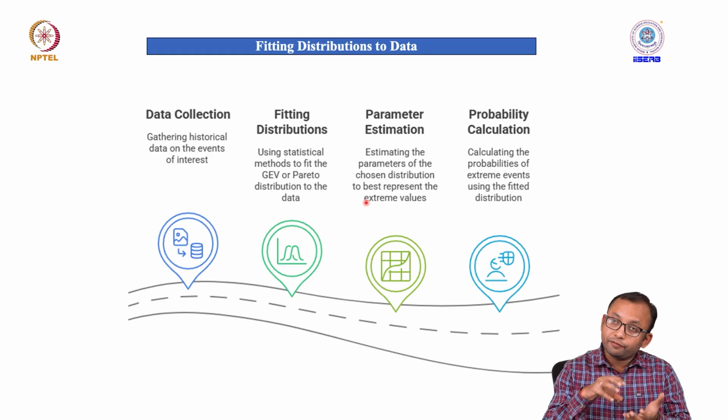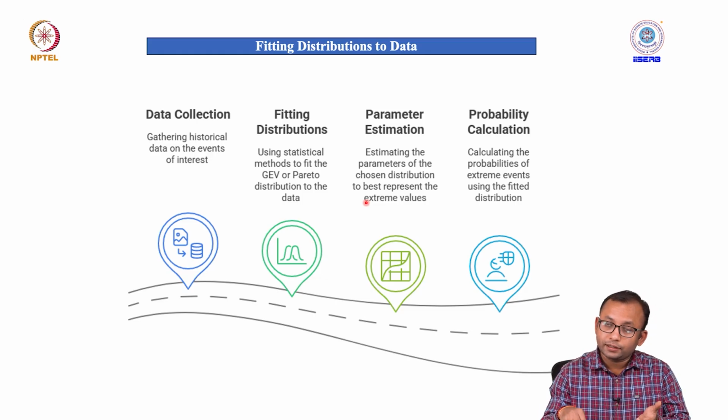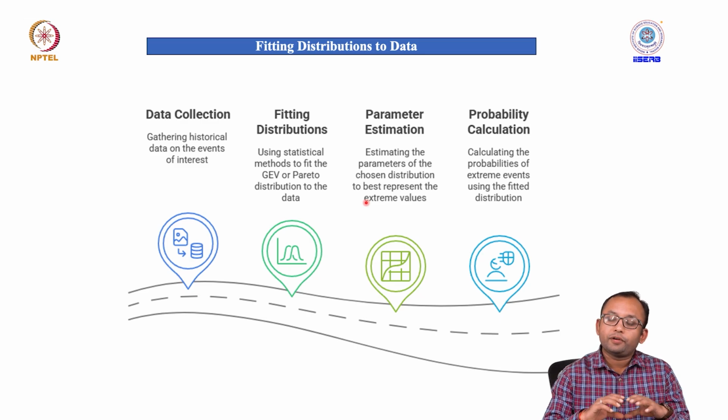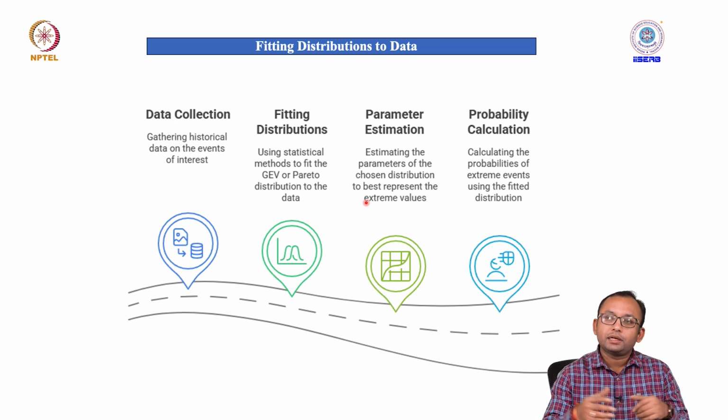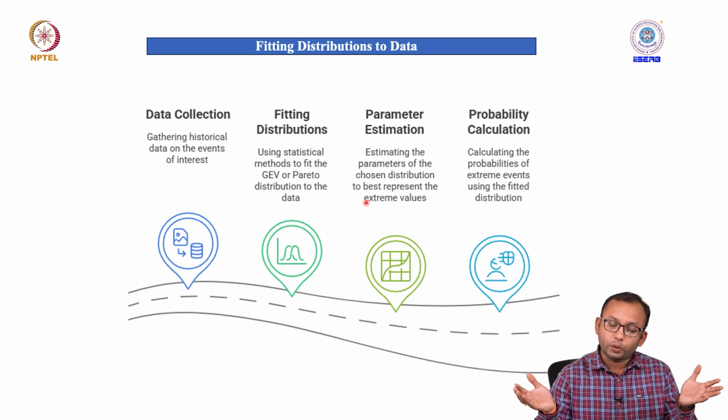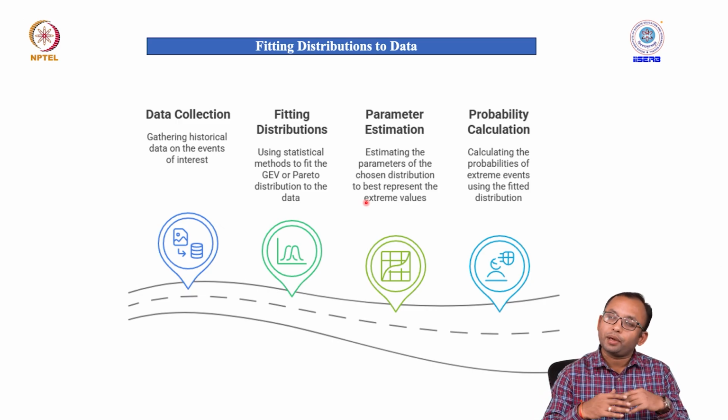When we say fitting a distribution to a data set, we are essentially referring to parameter estimation. For example, the normal distribution has two parameters, and those parameters can take many values, which means the normal distribution can have multiple different forms because of changes in the parameter values.